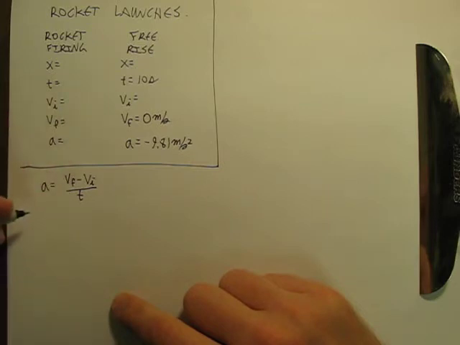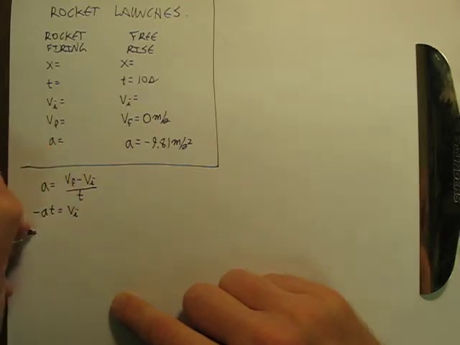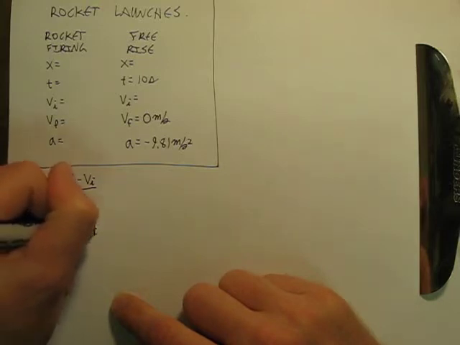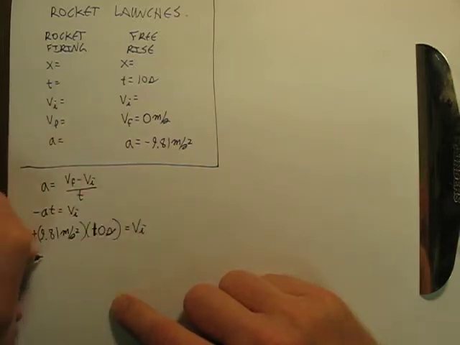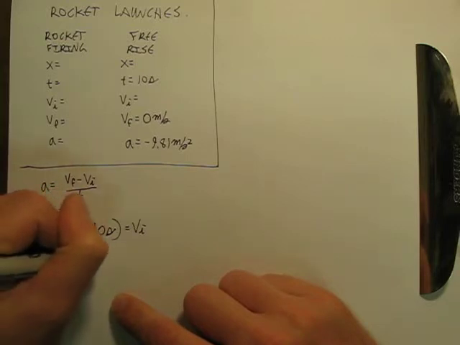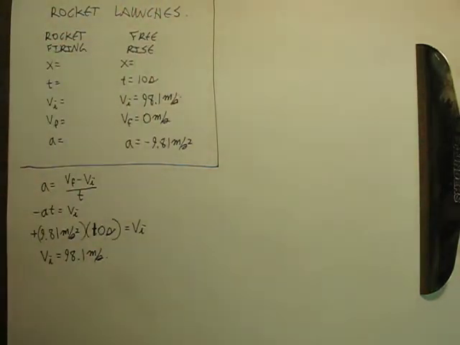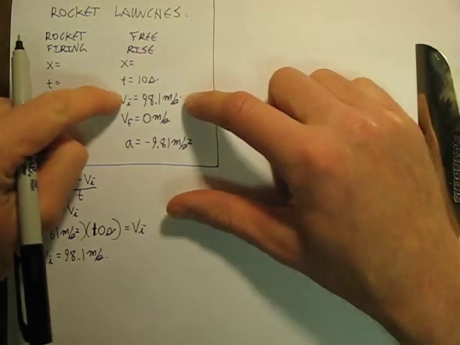We know VF is 0, so negative AT is going to be equal to VI, and so negative 9.81 meters per second squared times 10 seconds is going to be VI, and so VI is going to be 98.1 meters per second. So when the rocket motor cuts out, it's going 98.1 meters per second.